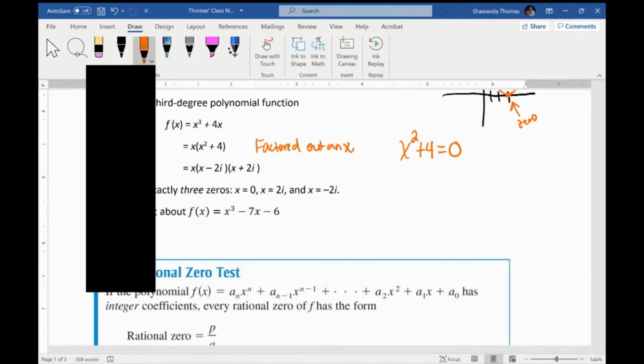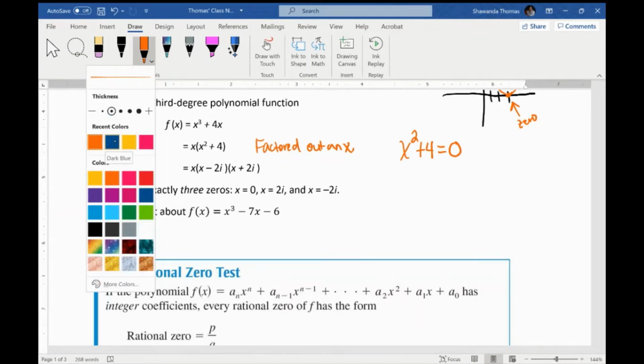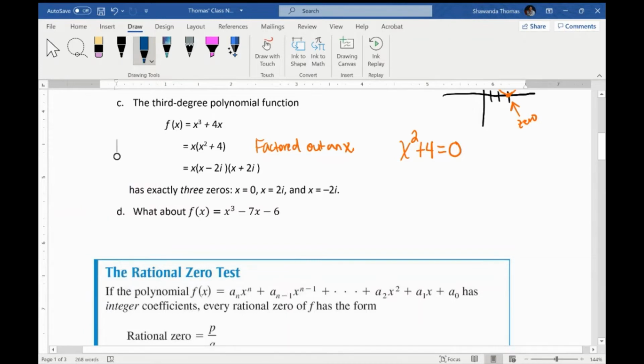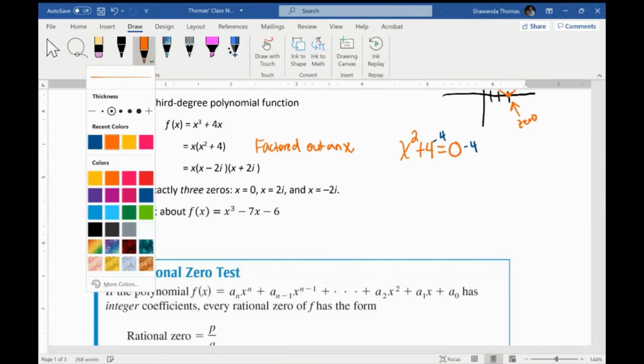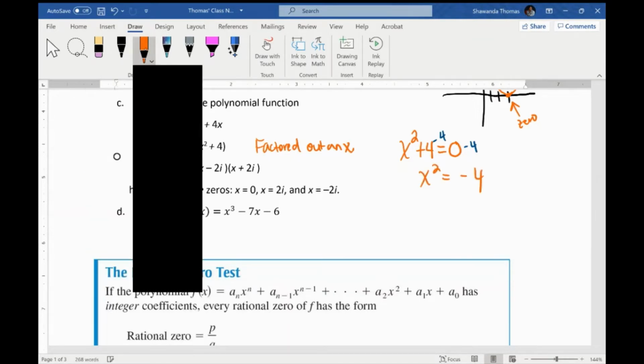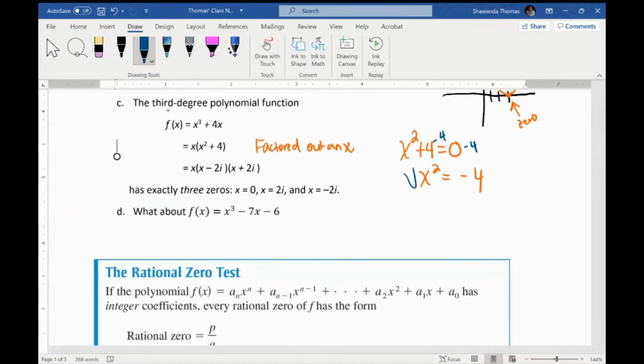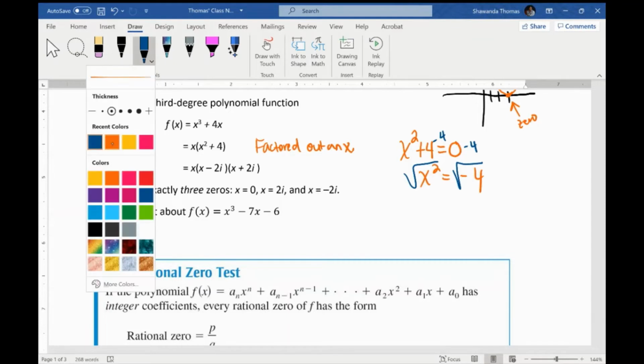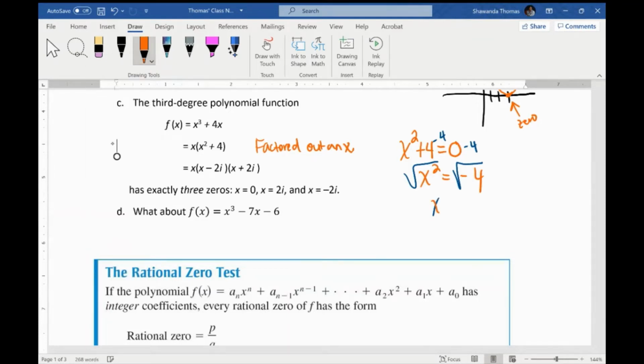Not subtract yet. You'll subtract 4 from both sides. Yep, let's do that first and then take the square root of both sides. And anytime you do the square root of something squared, don't forget to put what in front of that radical?